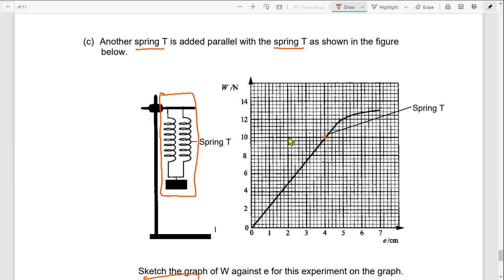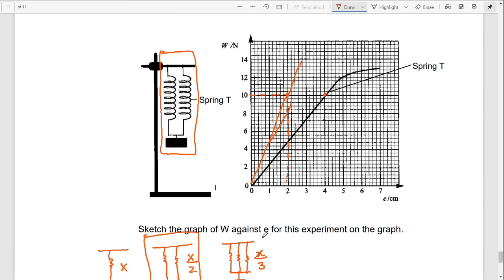From 4 it will go to this point here, half of the original extension, and then we just draw the line. I'm drawing freehand, but you have to use your ruler. Draw the line to this point. So this is the new sketch of the graph if you have this arrangement.